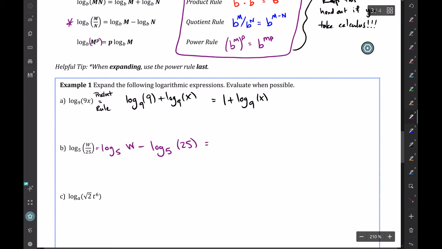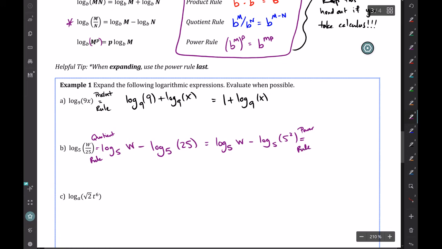And maybe I'll write that second expression as log base 5 of 5 squared. 25 is 5 squared, right? And then we can use the power rule. So let me just say that this was quotient rule here. And then this will be power rule, which you should always do at the end if you're doing expansions.